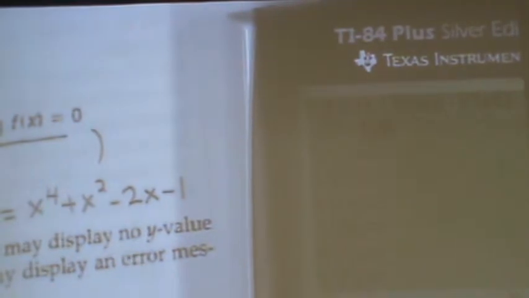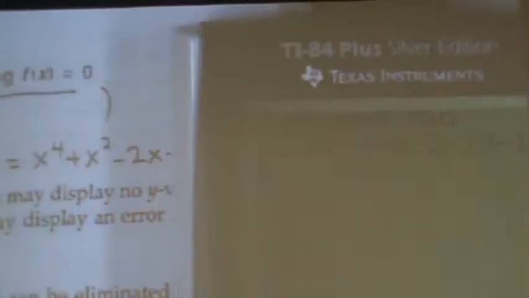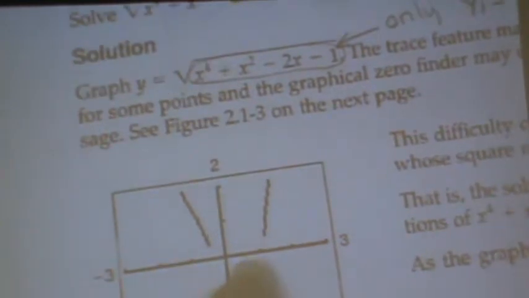Hit y equals, you're going to type x to the 4th, and if you don't believe me, type it in with the square root, and you'll see that it stops, it breaks. So go x to the 4th plus x squared minus 2x. You don't do the square root? No, this one, if you do, this is the picture you'll get. It won't hit the x-axis.